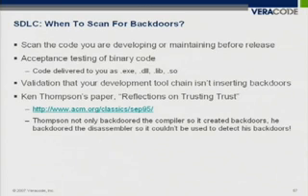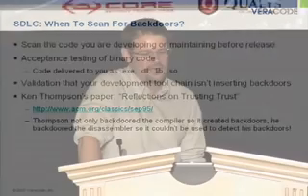Those could contain backdoors also. And that's a case where you're acceptance testing binary code when you decide to use another party's package and make it part of your application. So this is a place where you're going to have to do it at a binary level.